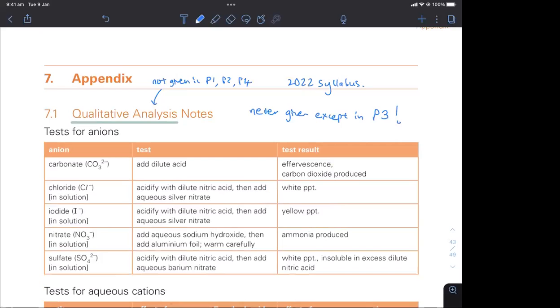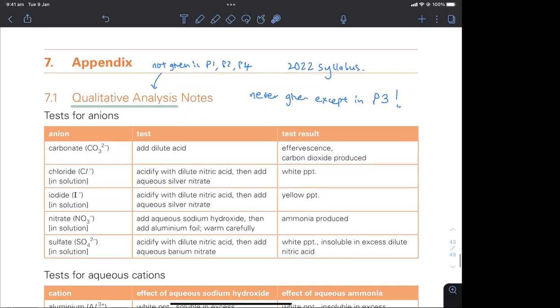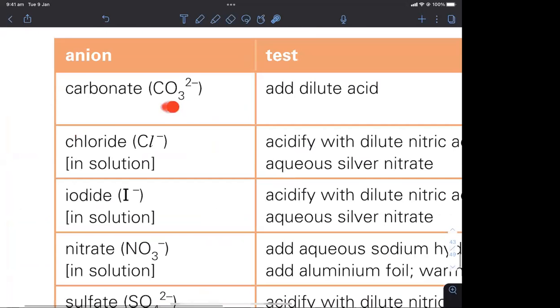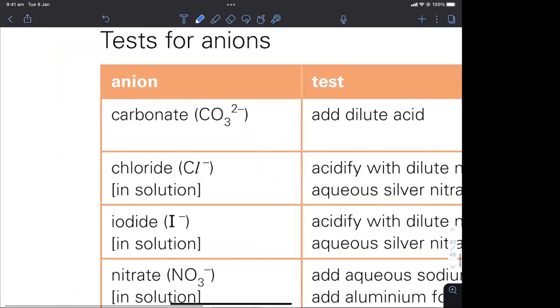That means the exam that you're going to sit for at the end of this year will not have the table in your paper 4. Only in paper 3 if you are doing practical, which means you need to know the formula of these ions. In fact, these are year 9 chemical formulas. You would have learned them in year 9.